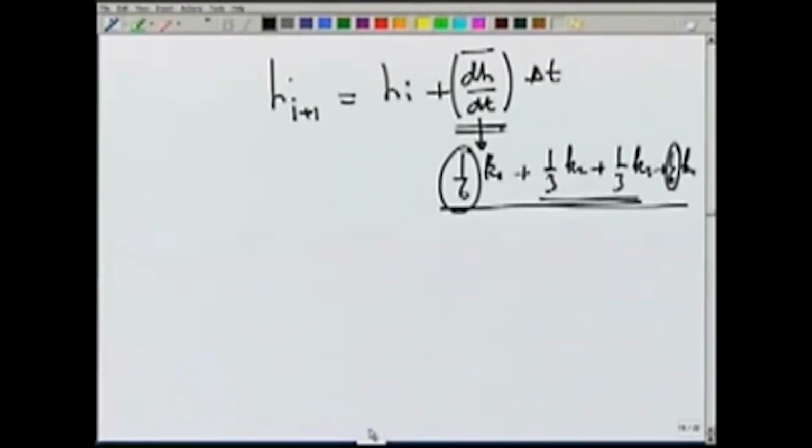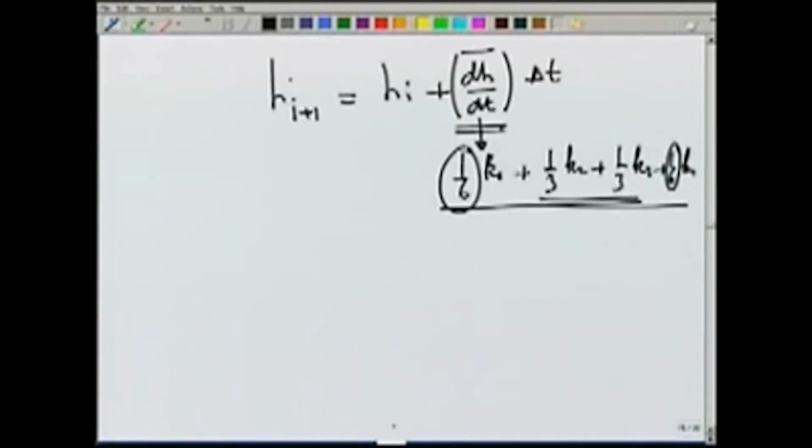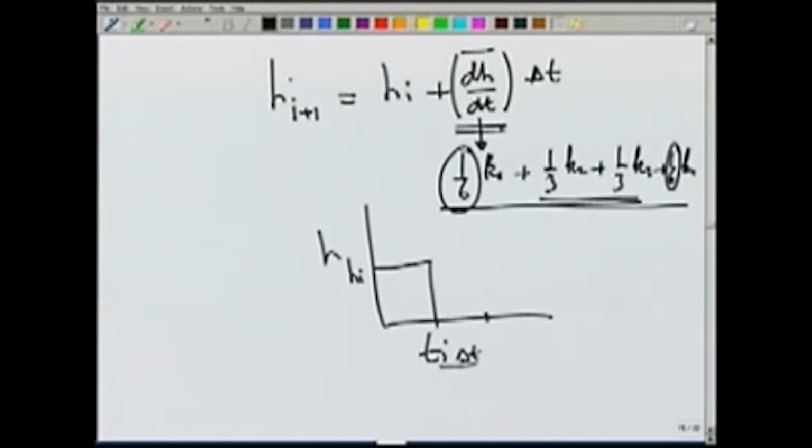So, using this equation, starting from a known value of h i, we can estimate what will be h i plus 1 at the end of that time period delta t, and then we can proceed from a known value of t i and h i, taking this delta t, t i plus 1.